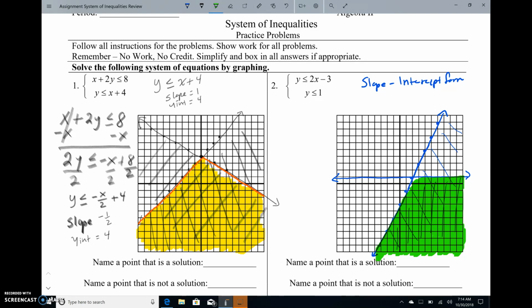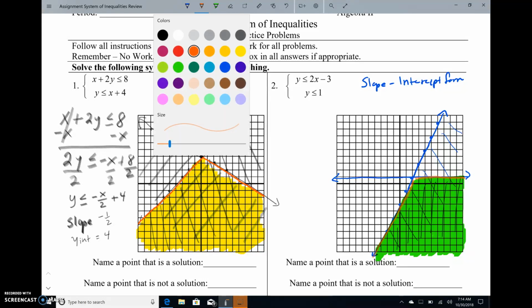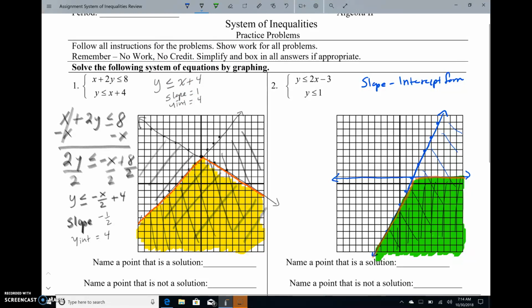And the boundary is indicated by this orange line. Therefore, a solution point would be any point that's in this area.